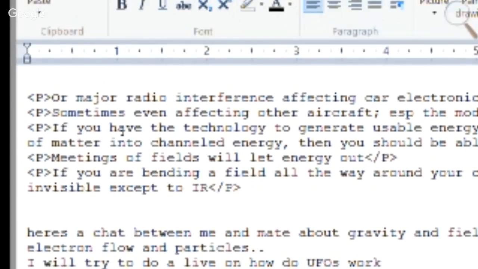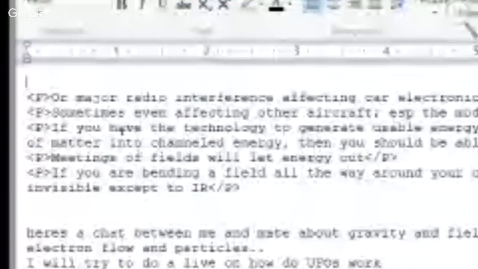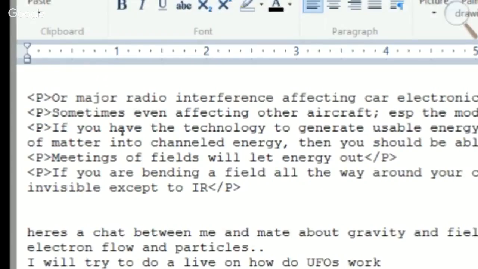So he's saying this could explain why, if you create the field around, which then blocks gravity, the gravity, which is flux, that the craft will become invisible, which makes a lot of sense because you hear how UFOs come out of a flash of light. I suppose it could be that they're slowing down, they're reducing the field, and they're not going super fast.